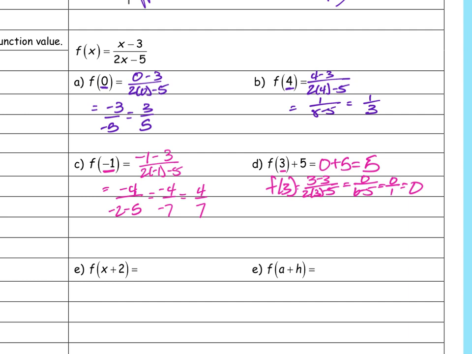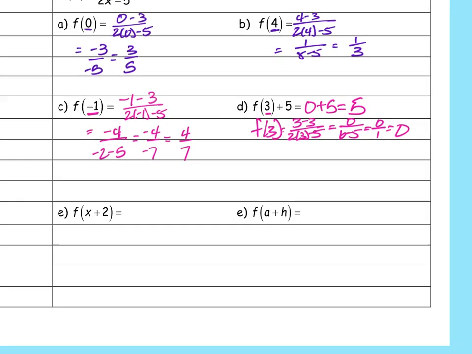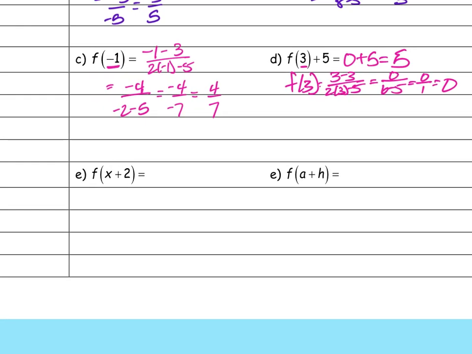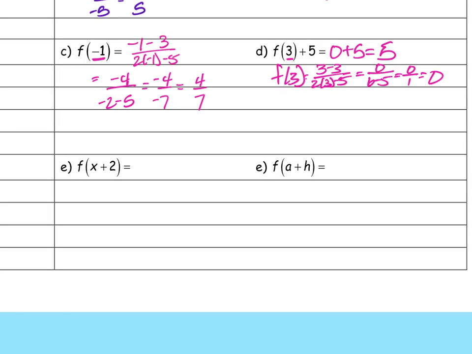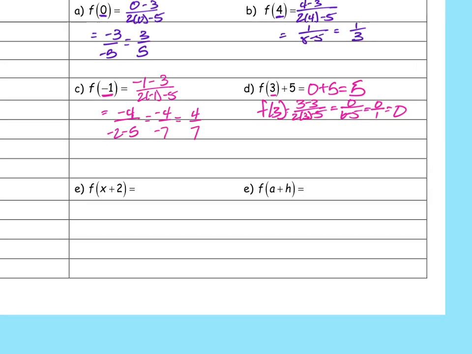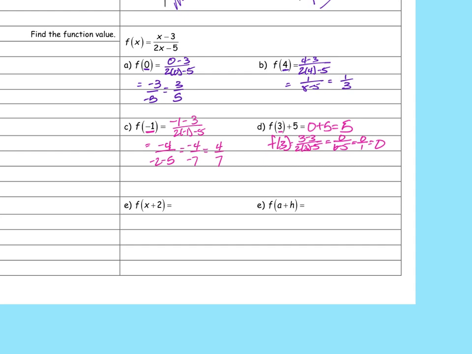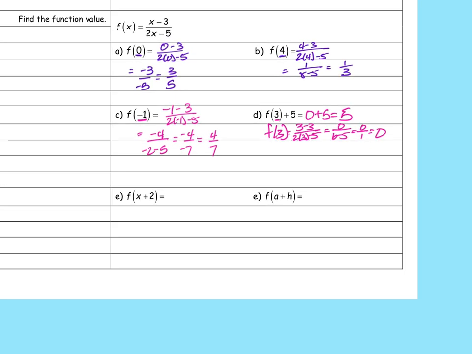Awesome. Okay, and then for the last two, I need to see the problem. Let's see, I've got x plus 2. Wherever there's an x, I'm going to put in x plus 2. So I've got x plus 2 minus 3 all over 2 times x plus 2 minus 5.